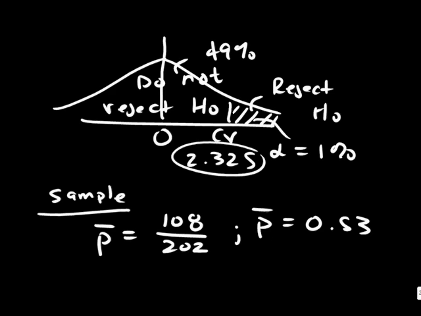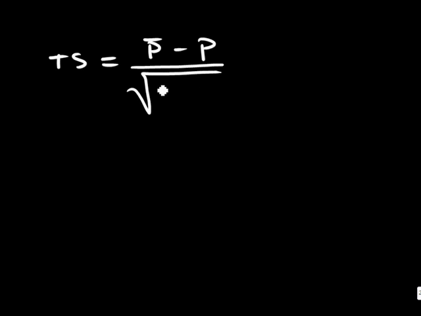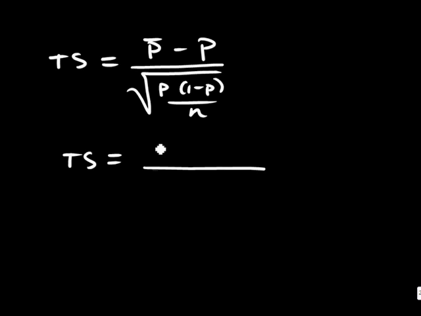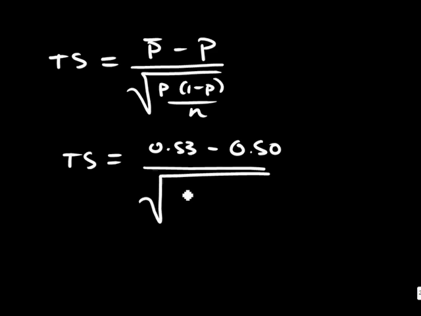The test statistic will be the sample proportion minus the true proportion, divided by the square root of the true proportion times its complement over the sample size. We get 0.53 minus 0.50, over the square root of 0.50 times its complement, which is 0.50, divided by 202.